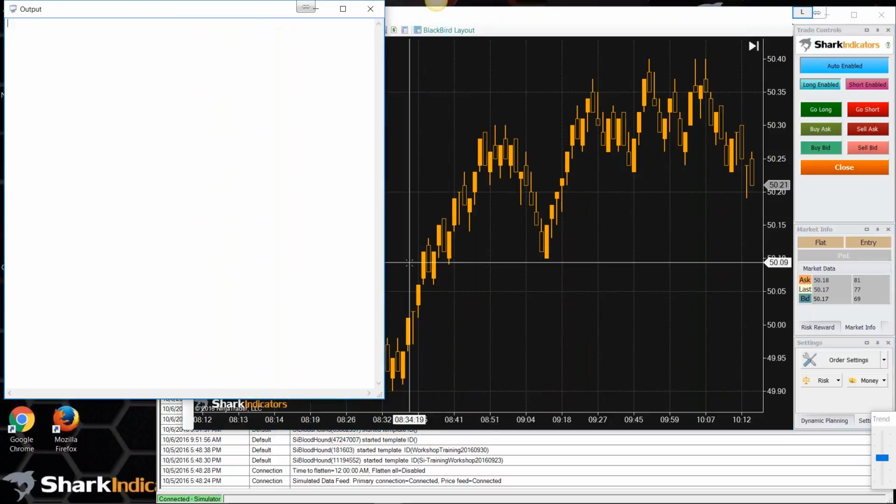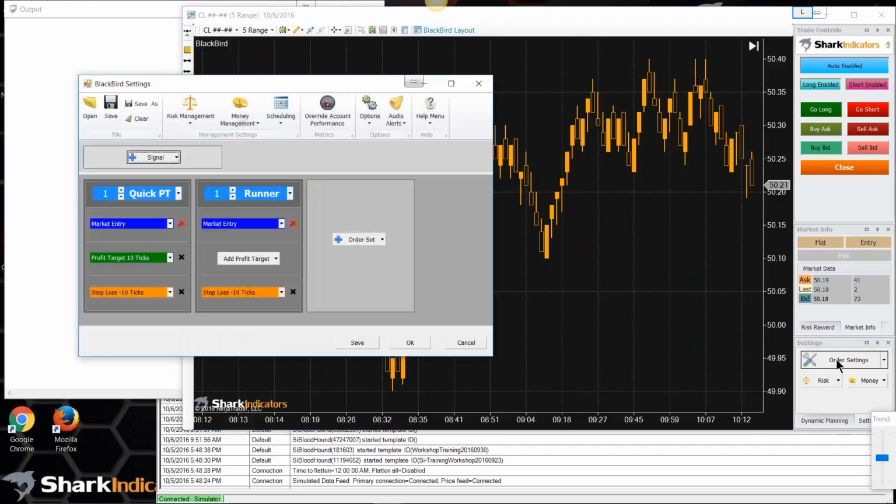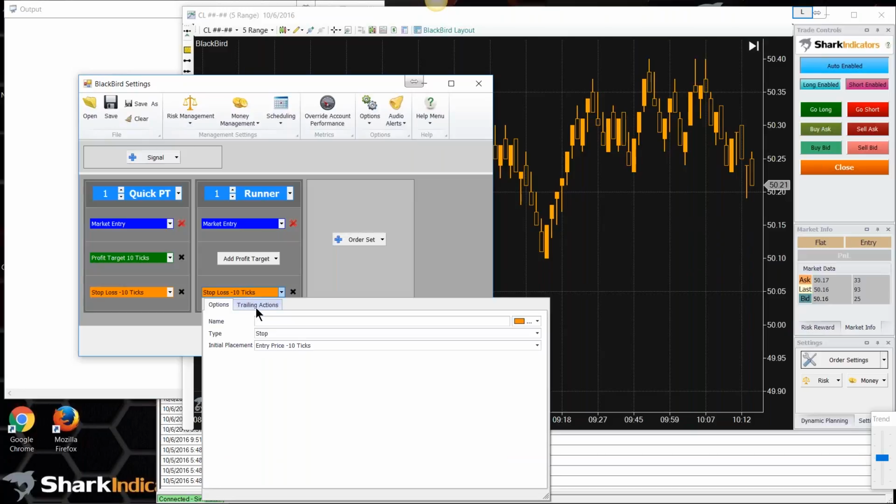So this becomes helpful when you're creating really advanced order sets, and especially when you get into the trailing actions here.